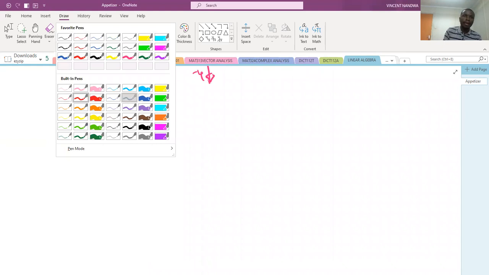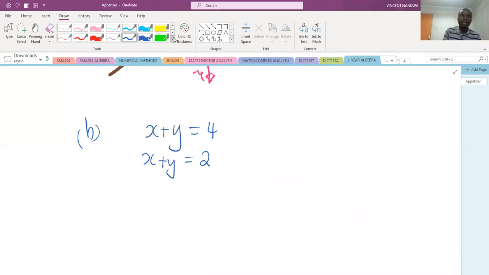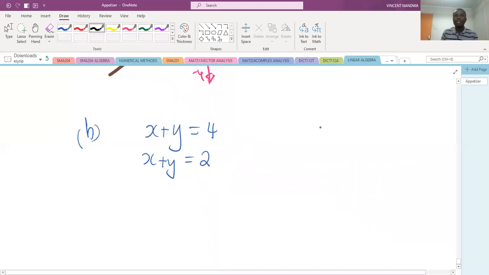And then the second set, the equations are x plus y equals 4 and x plus y equals 2. Using the same method as in the first case, from equation 1, x is given by 4 minus y. When I replace this in equation 2, I have 4 minus y plus y equals 2.